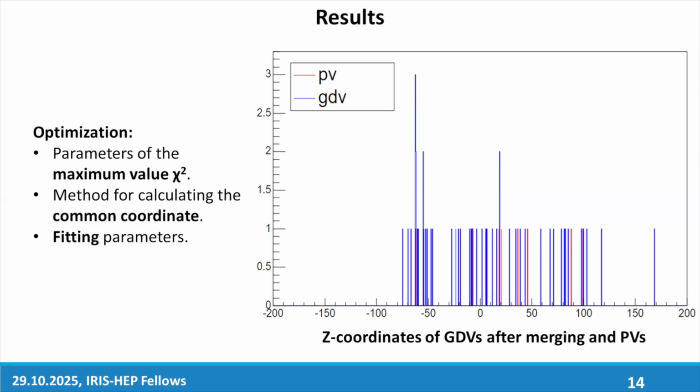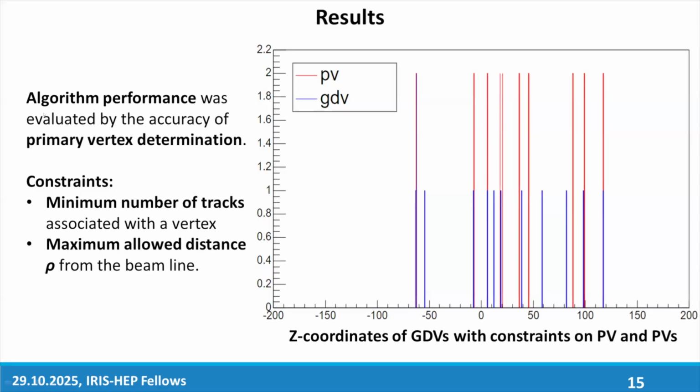For this purpose, we use the primary vertices as a metric of accuracy. How do I do this? We make for the GDV the same restrictions as for primary vertices, like the minimum number of tracks for all vertices and the maximum allowed distance from the beam line. After we make these constraints, the GDV should find only primary vertices.